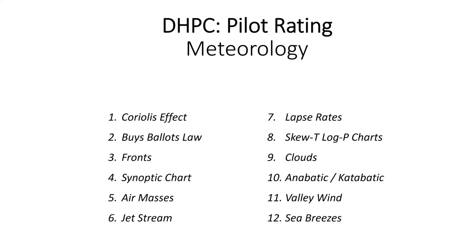So we're going to start off with Coriolis effects and pressure systems, and the jet stream, how that breaks down into the structure of the atmosphere. And then we're going to go through smaller scale things like examining the layers of the atmosphere, how they give rise to soaring lift that we can make use of, and how we can see that in forecasts through examining skew-t diagrams, synoptic charts, and understanding the lapse rate, how air is forced up.